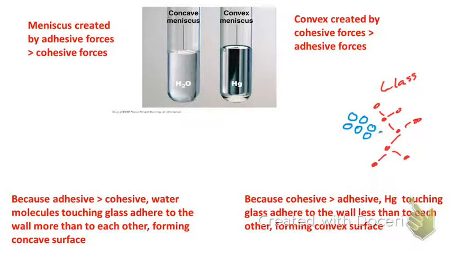So what's going to happen is there literally is going to be stronger cohesive forces. So the cohesive forces that these metallic bonds make are going to be stronger than the bonds with the glass. And so therefore there's going to be the bowing that occurs going down, that convex bowing in the meniscus of the mercury.